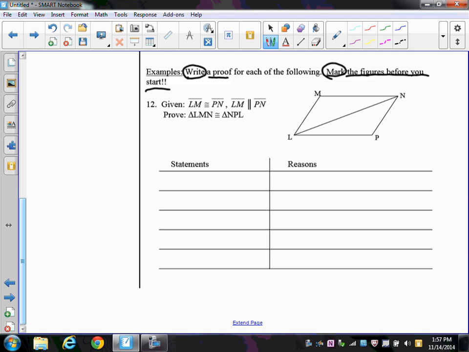So we're given segment LM is congruent to segment PN, and we're told that segment LM is parallel to segment PN. So remember, this symbol here means parallel.